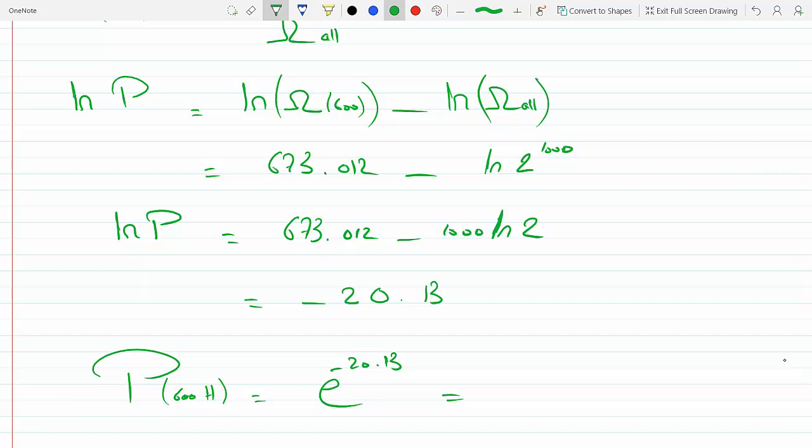We get approximately 1.799 times 10 to the minus 9.